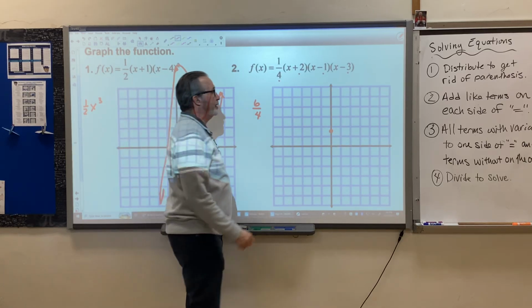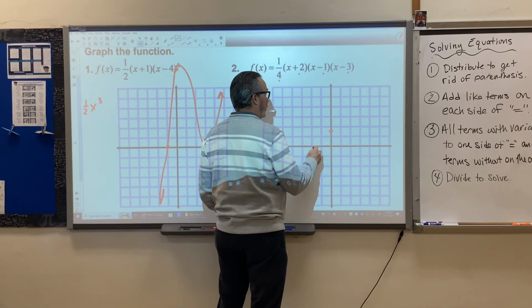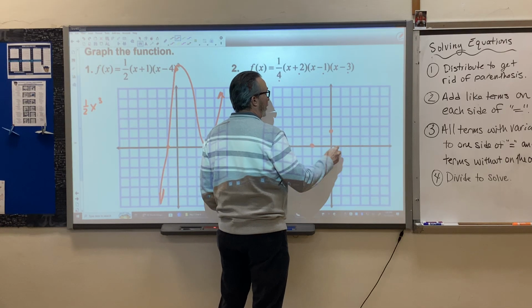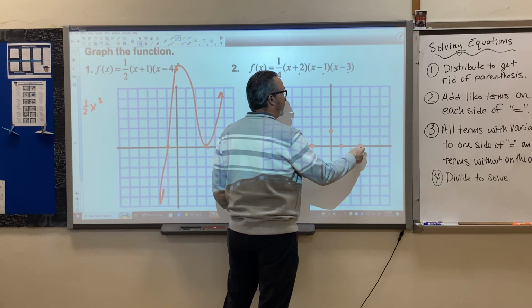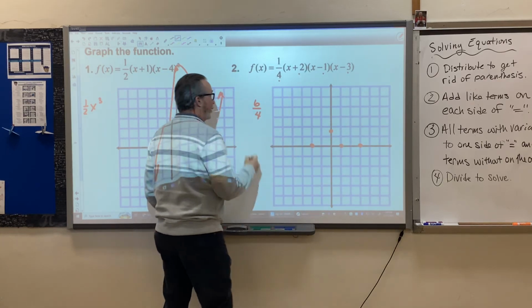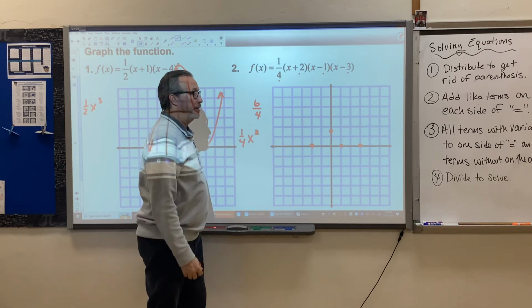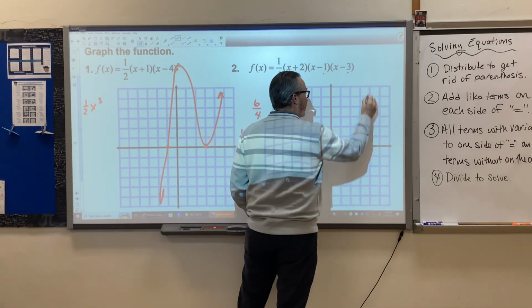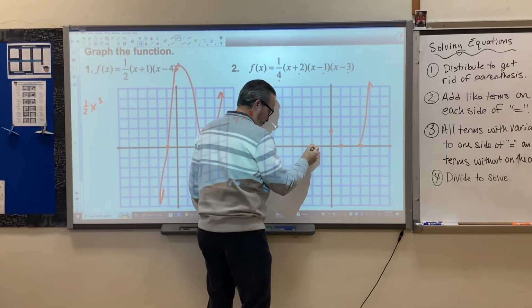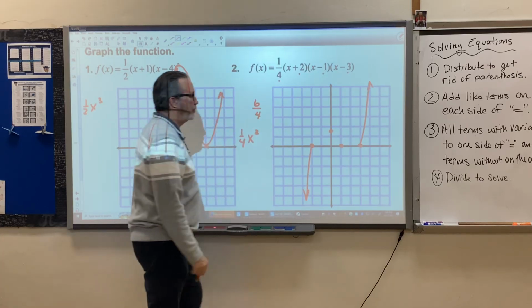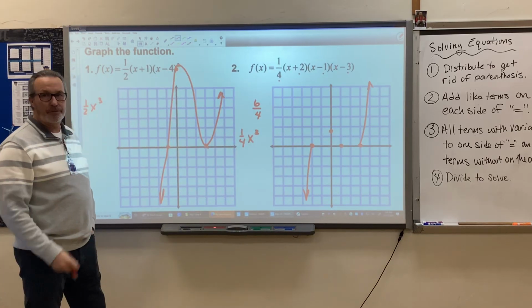Crosses the x-axis at negative 2, positive 1, positive 3. Leading term is 1/4 x to the 3rd. Right side goes up, left side goes down. Goes through, and through.